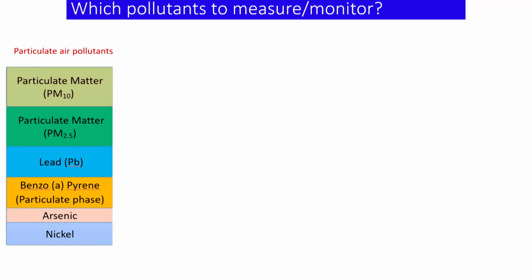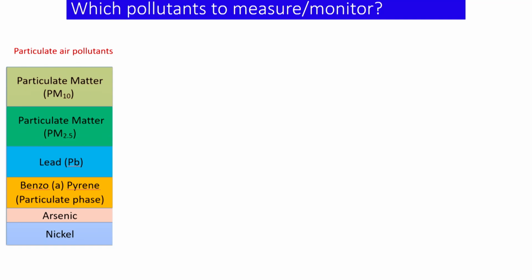For particulate matter, these are PM 10 and PM 2.5, and in those PM 2.5 and PM 10 we also measure lead, benzopyrene, arsenic and nickel. These are the 4 specific elements, and then we also measure species like polyaromatic hydrocarbons.